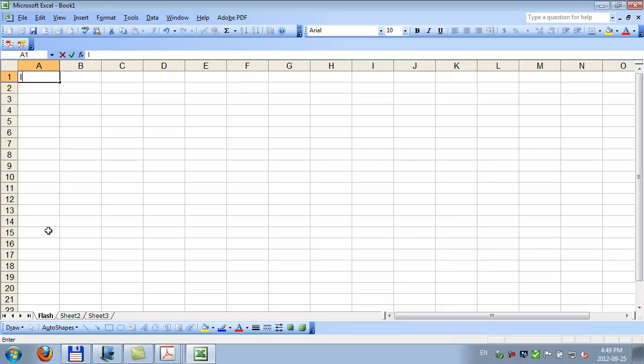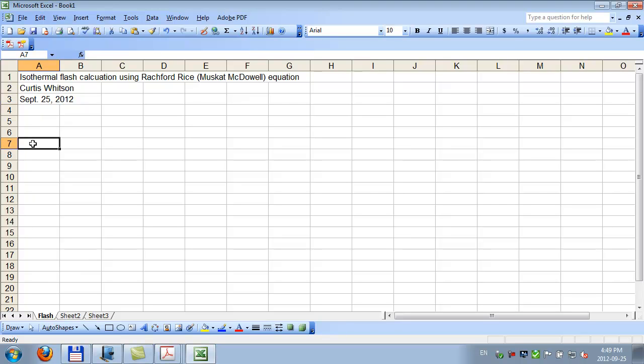I'm going to write: isothermal flash calculation using Rachford-Rice, SCOT. And it's still September 25th, 2012.